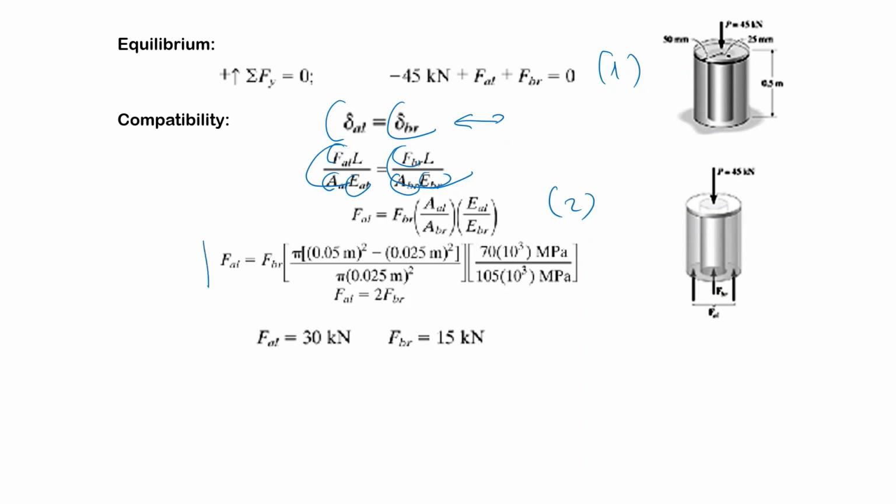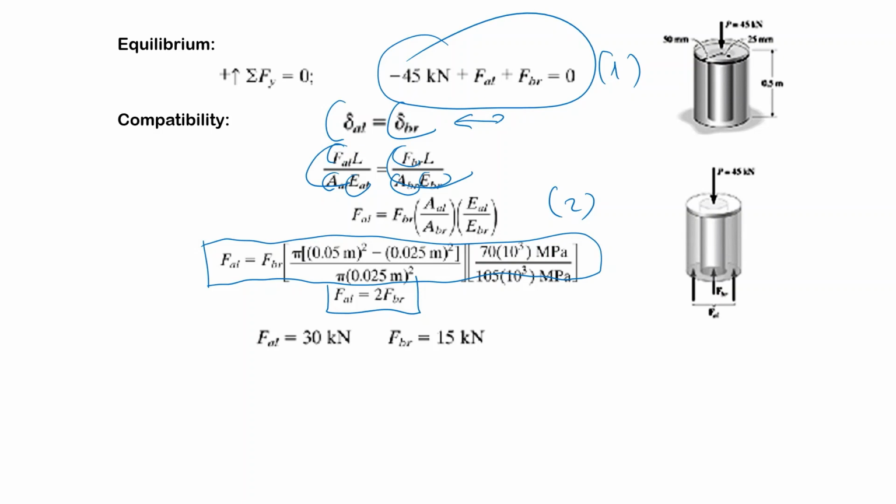When you put down the numerical values, you find that F aluminum is 2 times F brass, and their total is, as you see over here, 45. Aluminum takes over 30, and brass only 15.